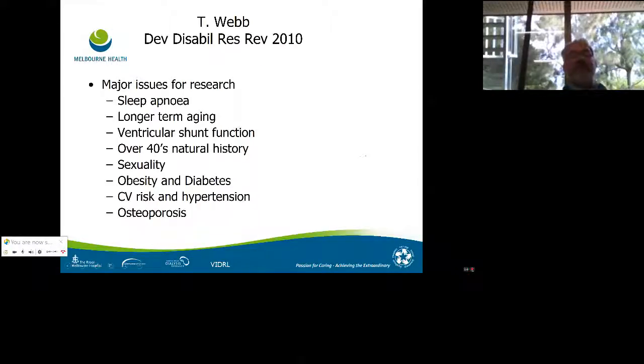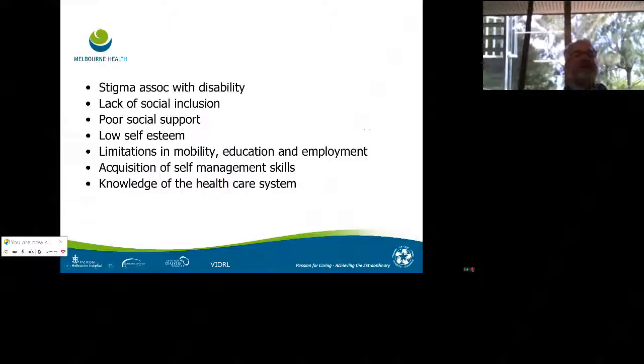What happens in the natural history for the over 40s, sexuality, obesity and diabetes, cardiovascular risk, and osteoporosis. So there are significant issues associated with stigma and lack of social inclusion, reduced social support, and the patients tend to have low self-esteem. And as previously, don't overestimate their self-management skills, because you do it at your peril.